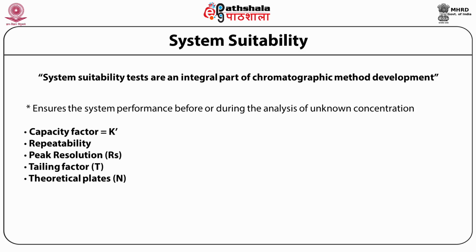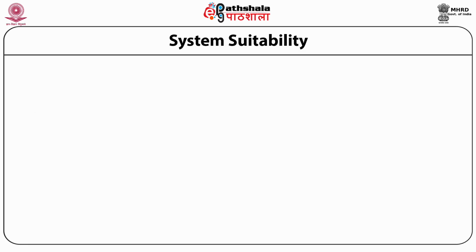Some of these tests in system suitability include capacity factor calculation, repeatability, peak resolution, tailing factor, and theoretical plates. These parameters explain the system suitability. Let us see them one by one.